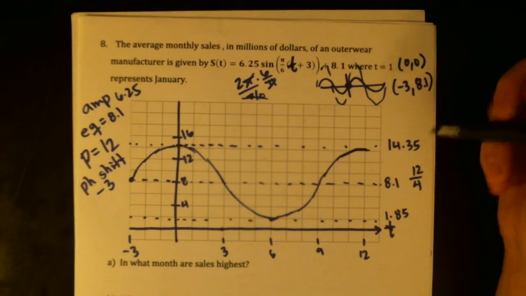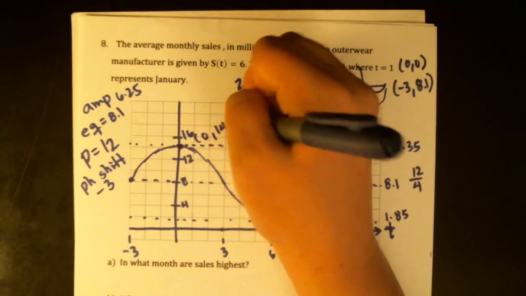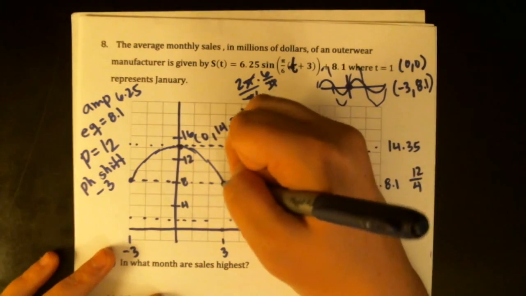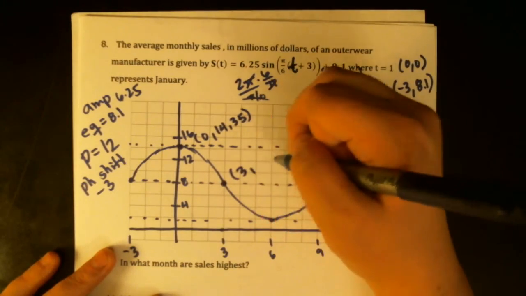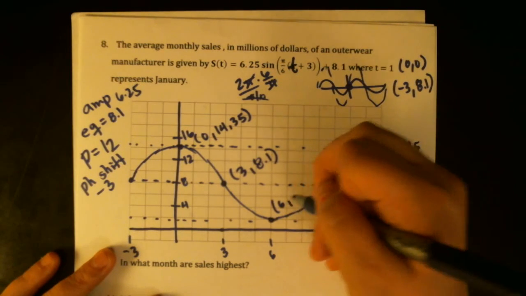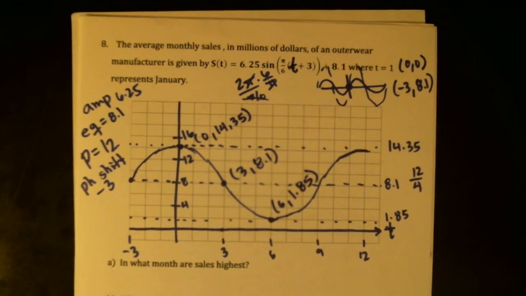Okay, so again, if it's not totally clear, make sure you label those for me. So I'm going through 0, 14.35. I want to see 1 max, 1 min, 1 equilibrium. I don't care which one. So I'll just go with this. 3, 8.1, and 6, 1.85. Okay, so there's my picture.